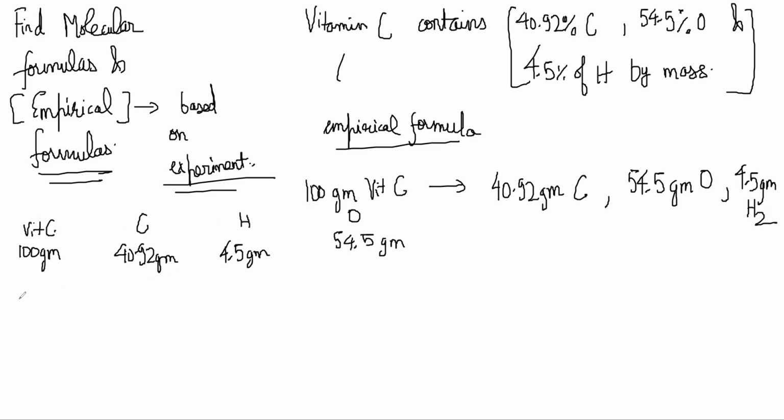how many moles are there? 100 gram of vitamin C seems to have how many moles of carbon? 40.92 divided by 12, right? And this is 4.5 by 1, and this is 54.5 by 16, right? These are the moles, right? Okay.